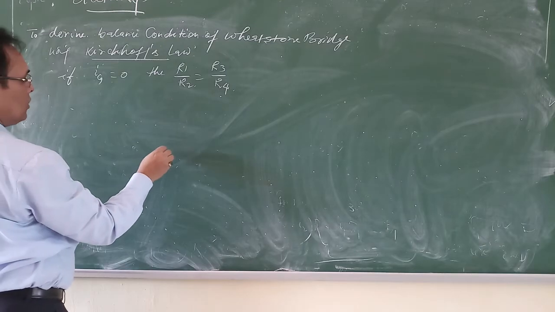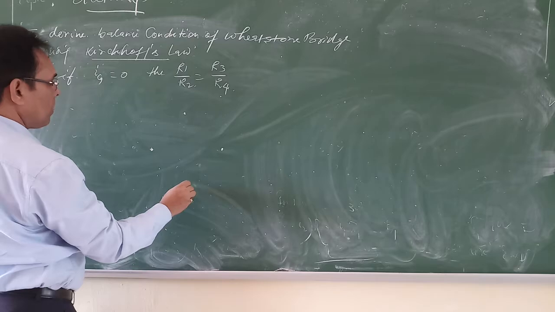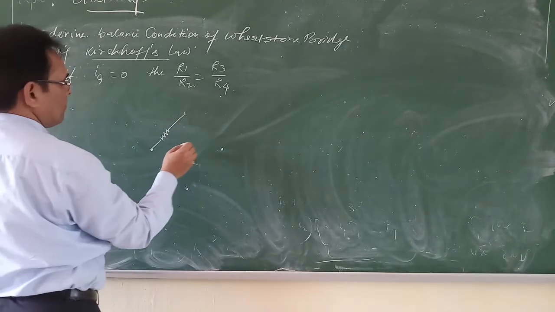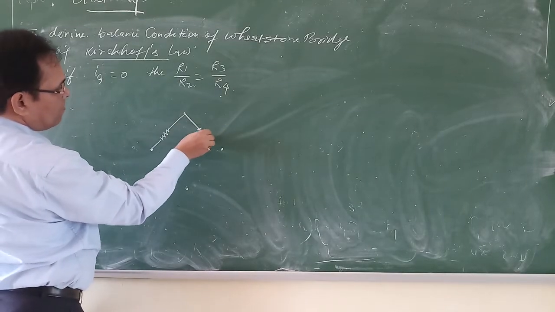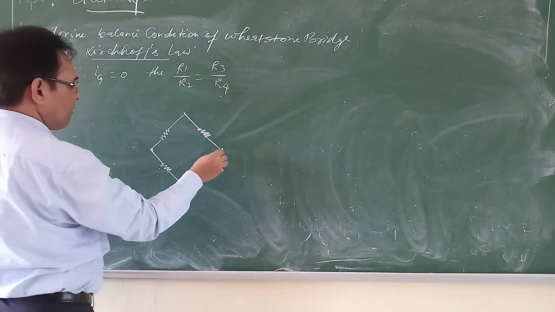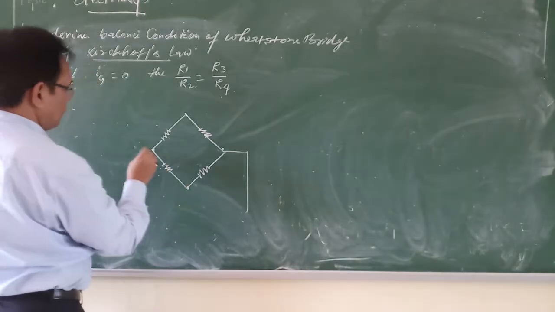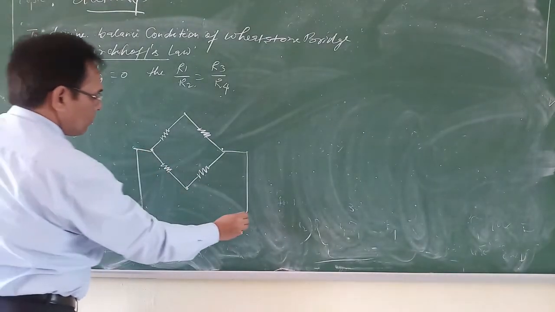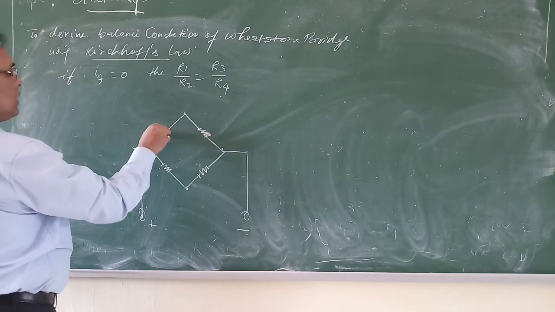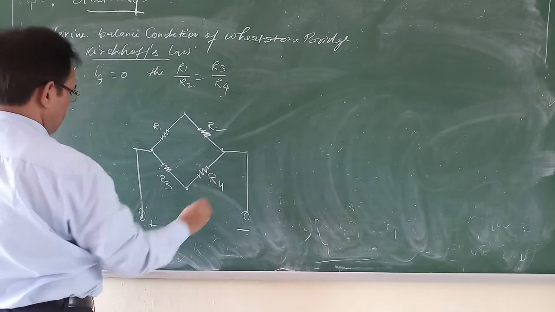So first draw this Wheatstone bridge circuit. Let this is R1, this is R2, R3, R4.